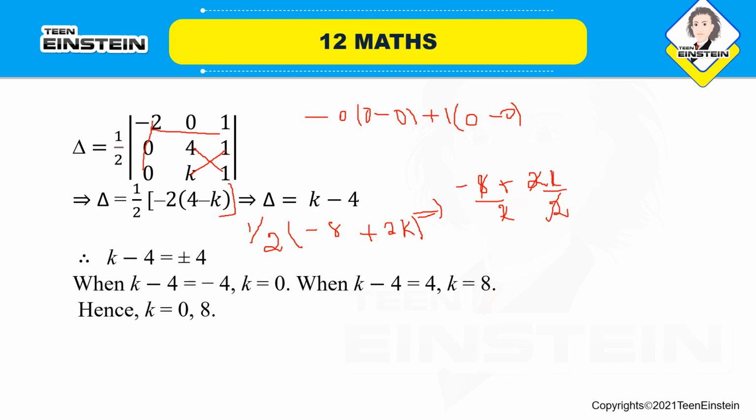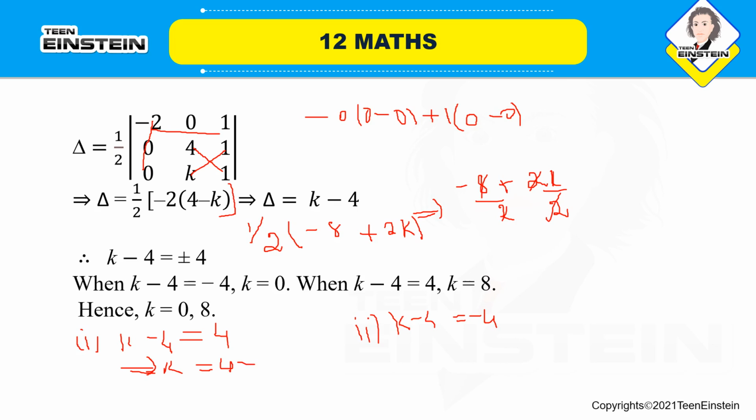So we have two cases. Case 1 is k minus 4 is equal to plus 4. And case 2 is k minus 4 is equal to minus 4. Okay, so which implies k is equal to plus 4.